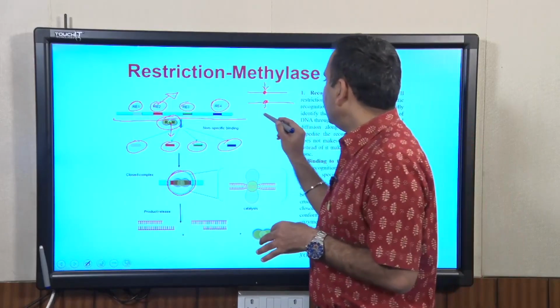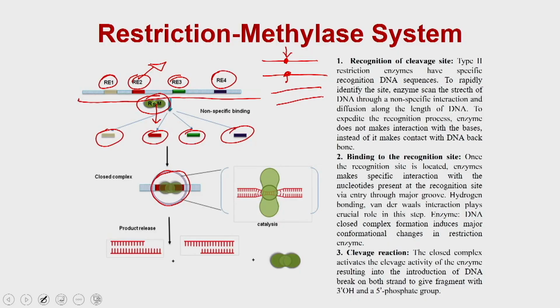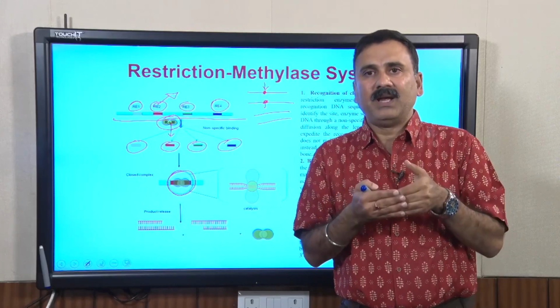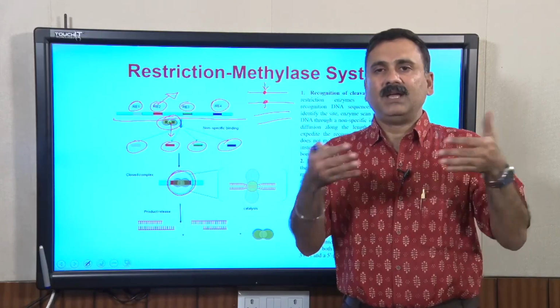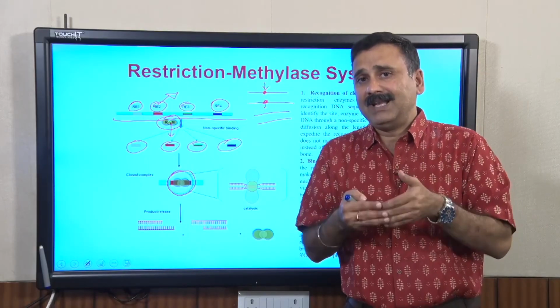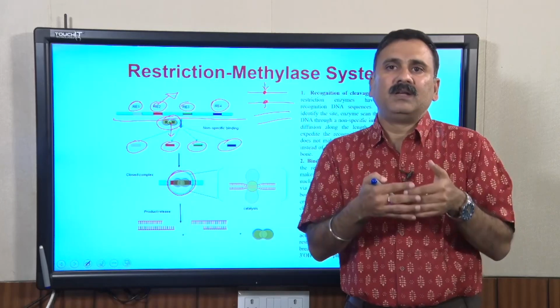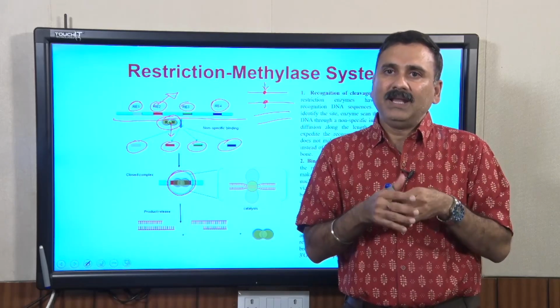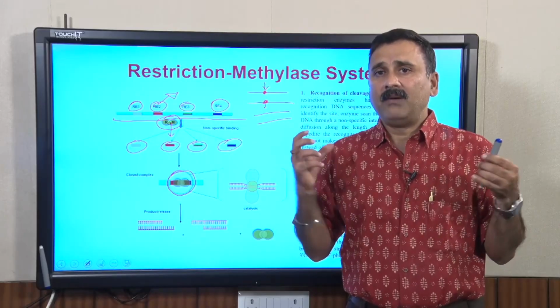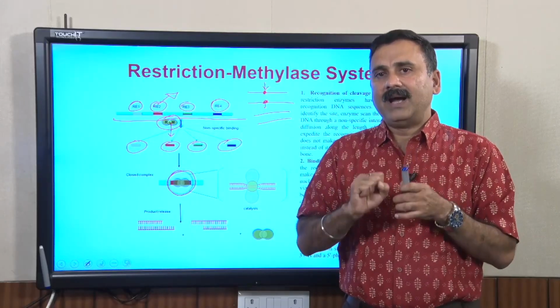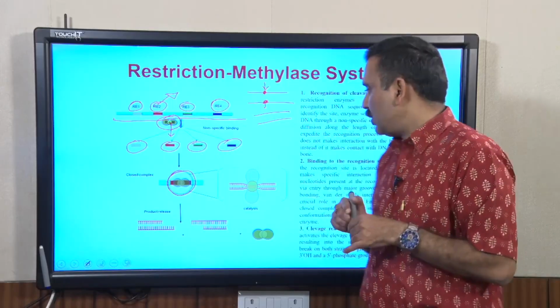But you can imagine that if you have the restriction site and it is non-methylated, the S activity is used to provide the site where the DNA is going to be bound by the enzyme. The M activity will detect whether the methylation is there or not. If there is no methylation, then the R activity, the restriction activity, will come and find and bind and form the closed complex.